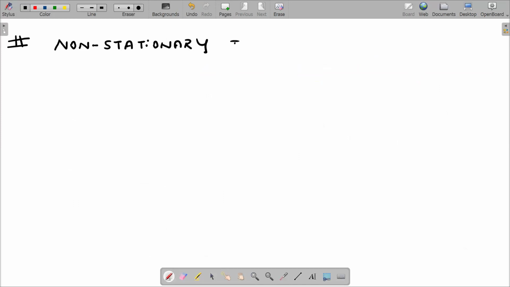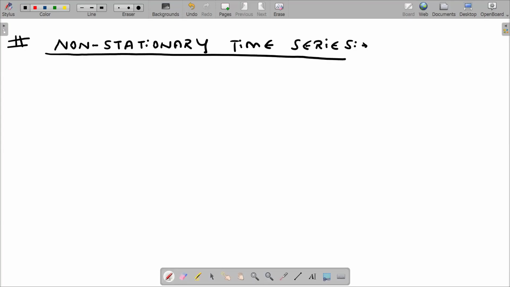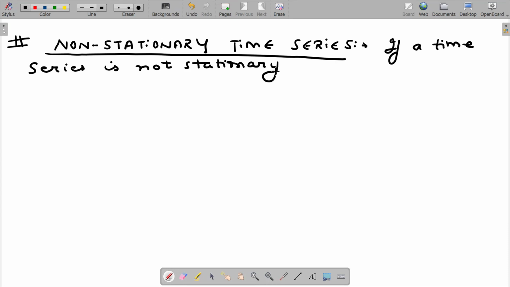Non-stationary time series. I can write: if a time series is not stationary, that means if it does not have a constant mean or variance, or I can say a constant autocovariance, then it is called a non-stationary time series.